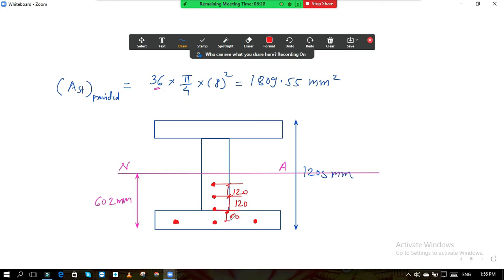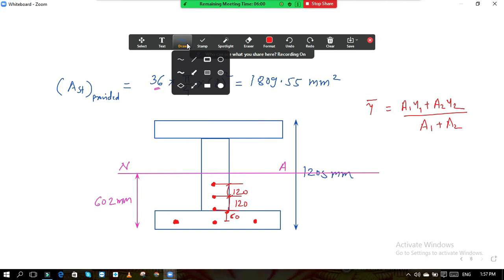60 we have provided. Now you know that y bar is equal to what? A1 y1 plus A2 y2 divided by A1 plus A2. Here you have to replace the area by bars. Okay.